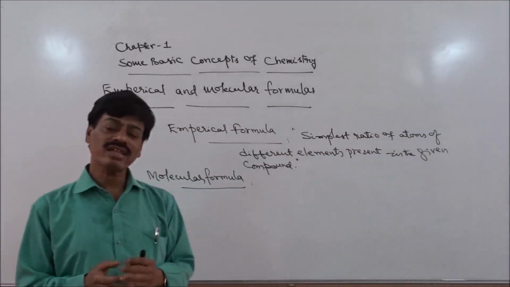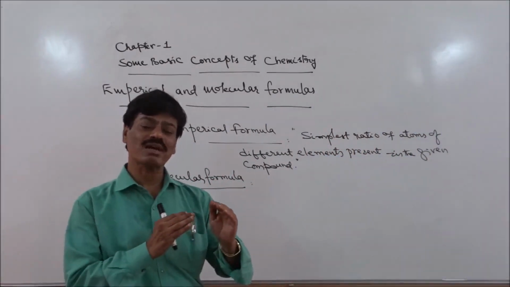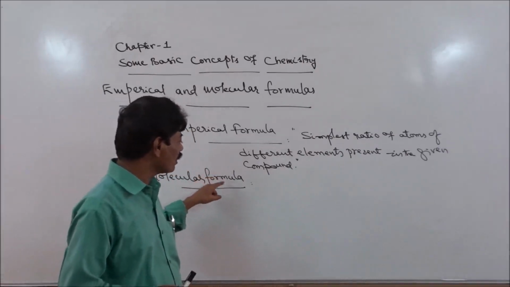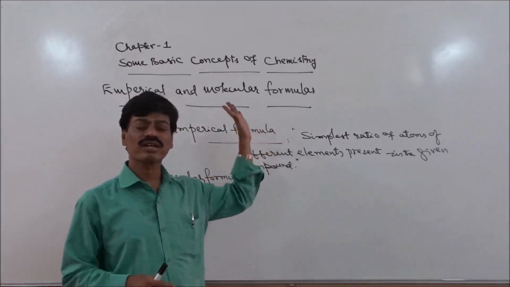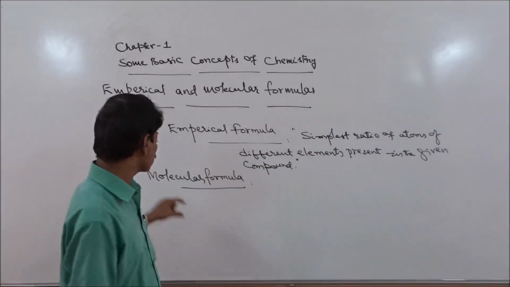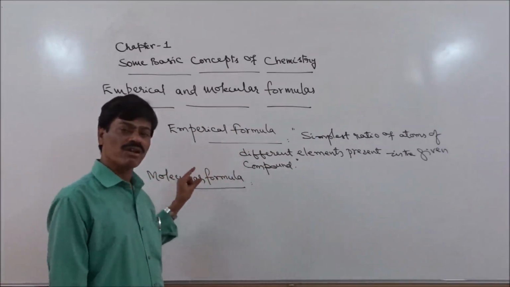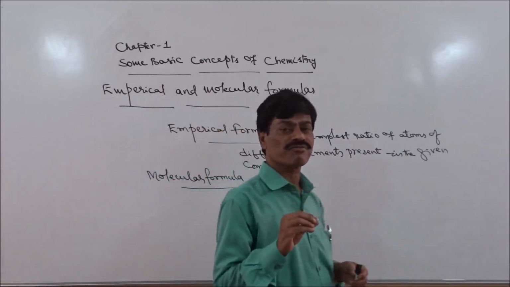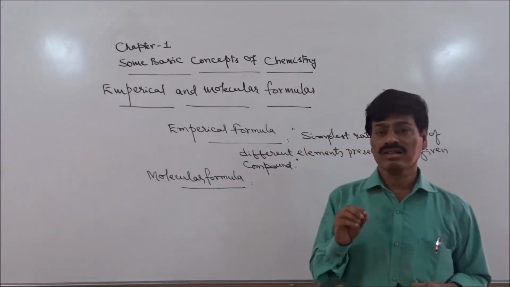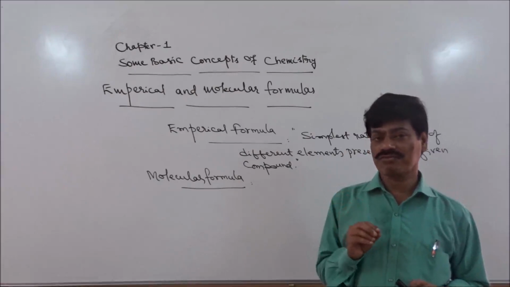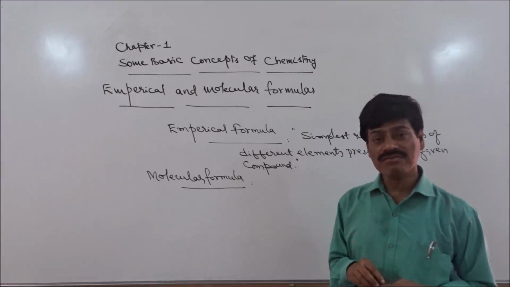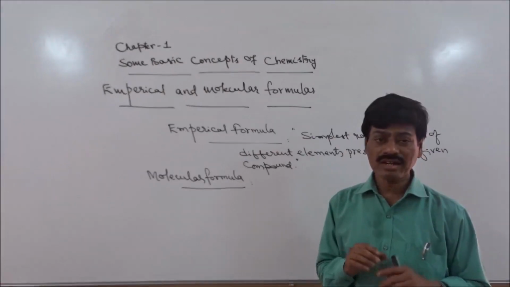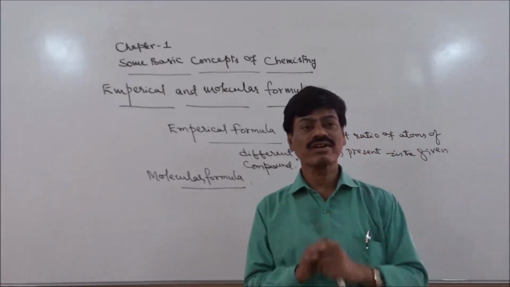But if we take the ratio of those numbers of atoms of different elements from the molecular formula, automatically we will move to empirical formula. That means, in the molecular formula, we should have the actual number, the real number of atoms of different elements present in one molecule of the given compound.